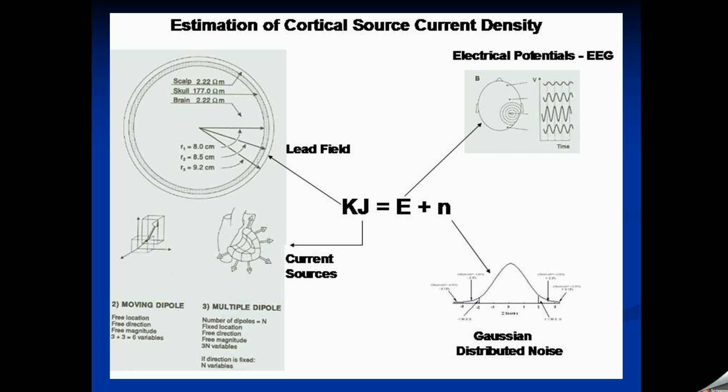Essentially, it's a linear equation. K is the lead field, which is a model of the scalp, and different conductivities of the skin, the skull, and the brain. And knowing these conductivities allows you to take the electrical field or electrical potential from the scalp surface, that's E, and then the solution, J, are three-dimensional currents.